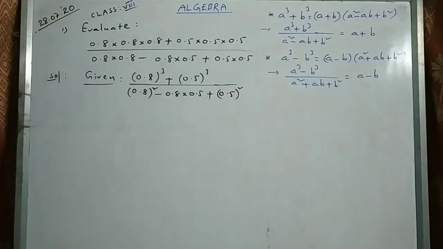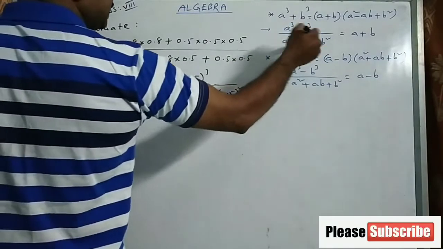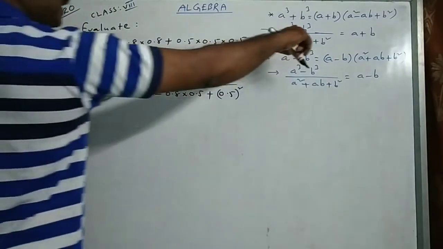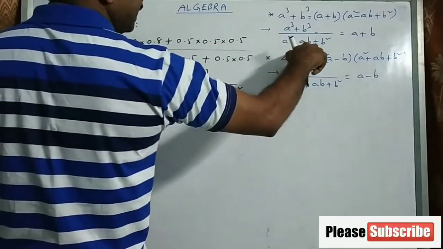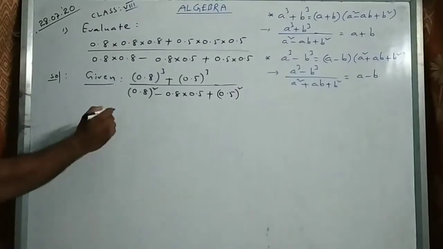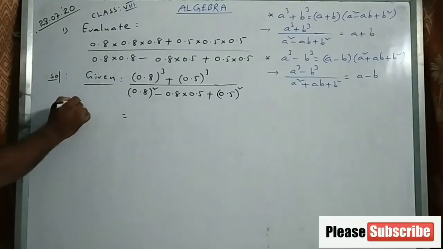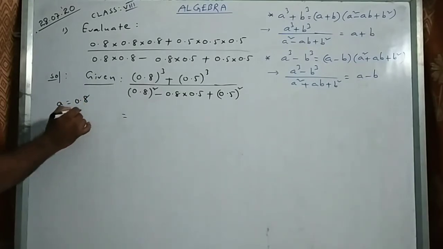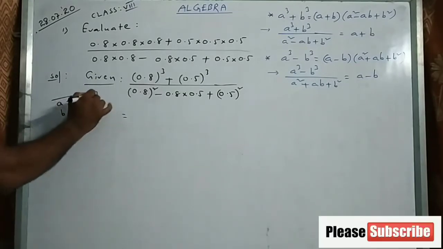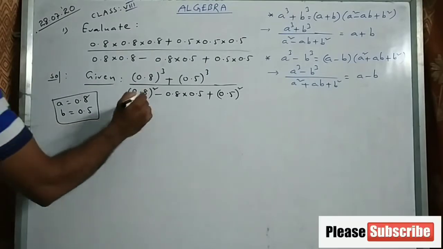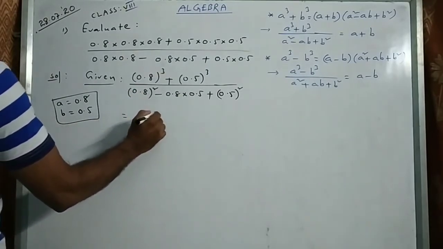Now which formula is it? Right, first formula, right? a cube plus b cube by a square minus ab plus b square can be a plus b. So here, what is the value of a? 0.8, b 0.5, right? So I can write directly a plus b.